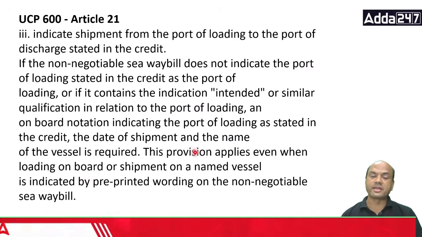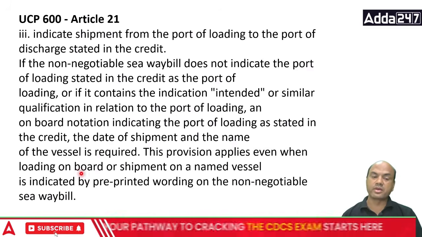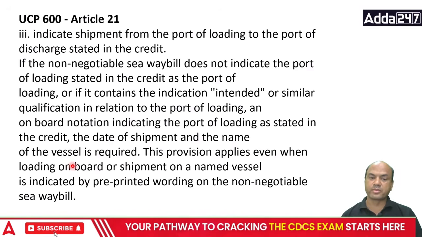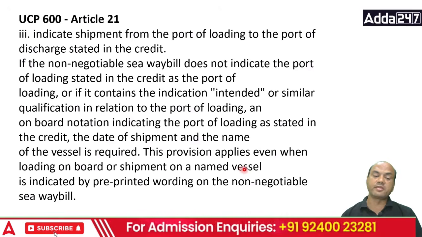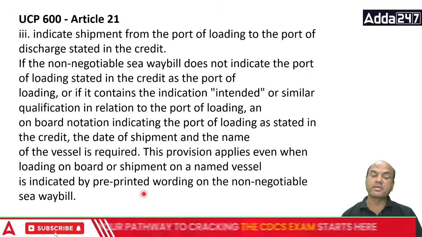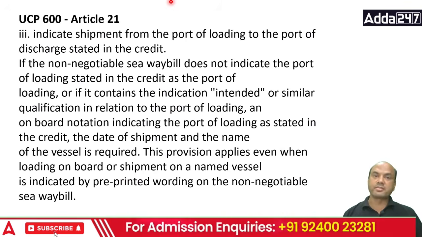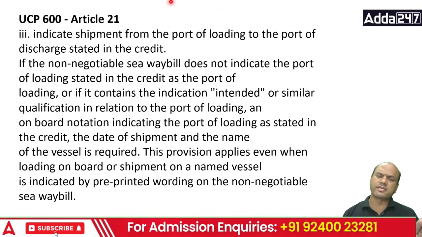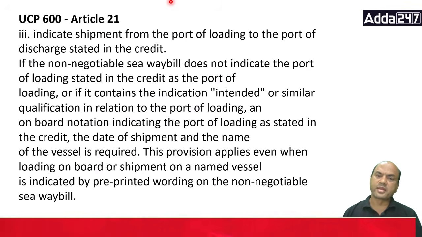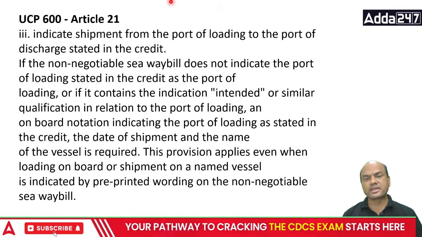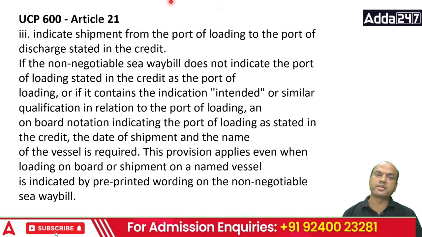This provision applies even when the shipped on board, or shipment on the named vessel, is indicated by pre-printed wording. Sometimes there are BLs in which it is already printed that shipment is by this vessel. That is also not valid, because for that also you will require a separate stamp.